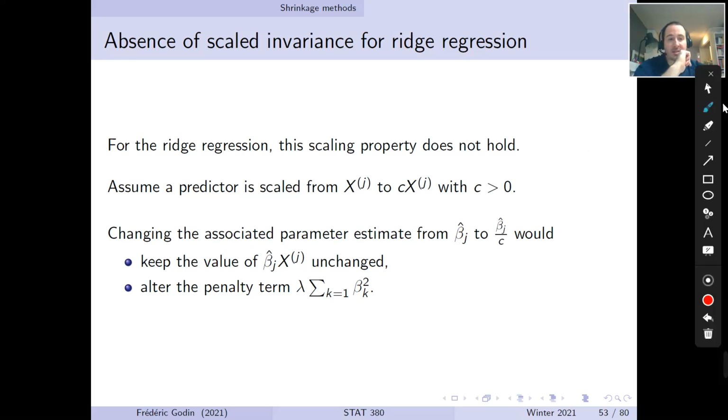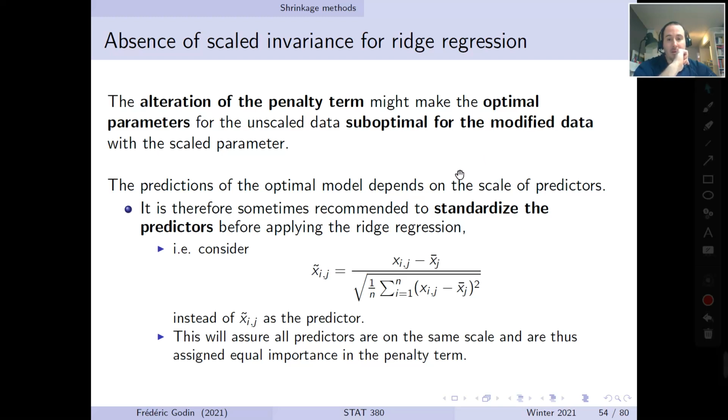So for this reason, what's often suggested, and I don't say this is something you have to do, but people sometimes do that, which makes a lot of sense, is that they scale the predictors before applying the ridge regression. So what do we mean by scaling?